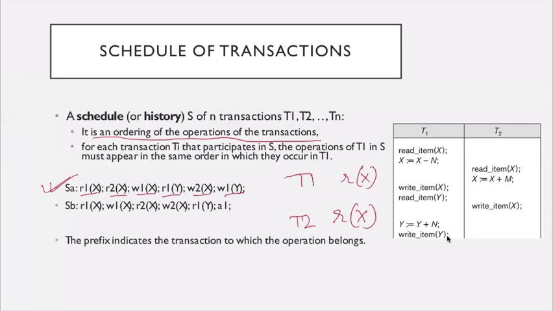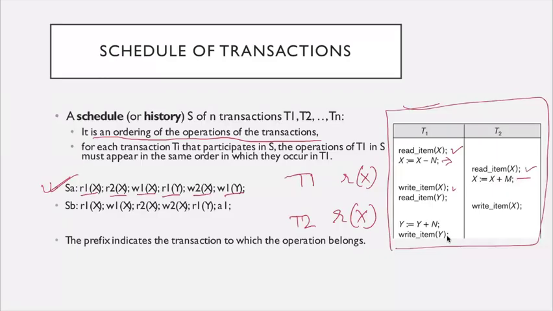We can write a schedule like this, or we can define a schedule like this, which makes it more readable. Here transaction T1 performs a read of item X, followed by some local operation. Then the next instruction comes from transaction T2, also a read of item X, then some local operation.